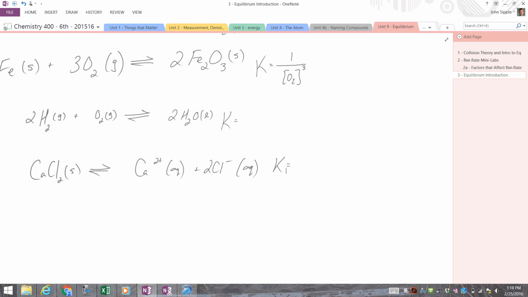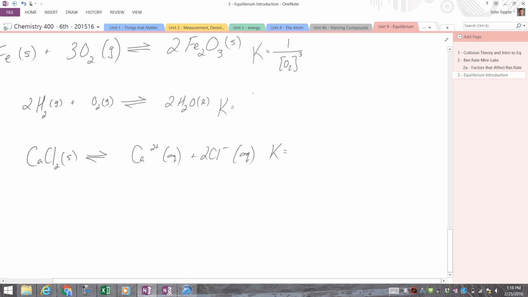Always products over reactants. Kylie, what do you want to do for the top one? Do 1 over, there you go.